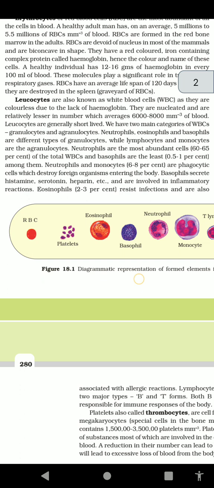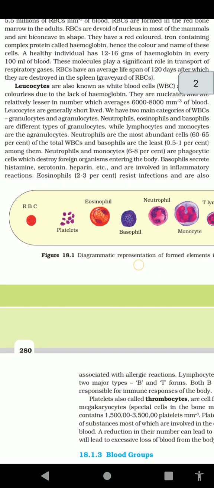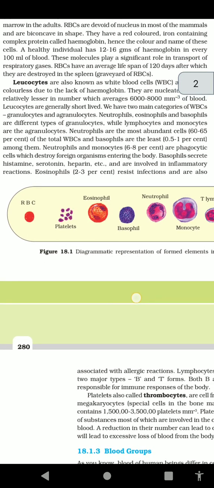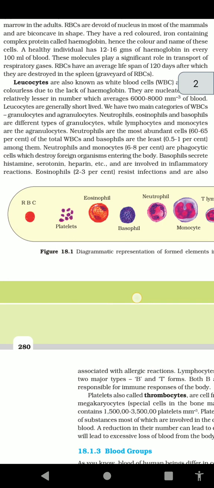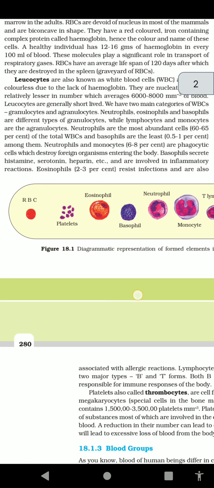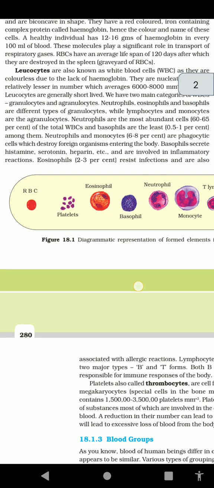RBCs are devoid of a nucleus, meaning absence of the nucleus, and are biconcave in shape. They have a red colored iron-containing complex protein called hemoglobin, hence the color and name of this cell. A healthy individual has 12 to 16 grams of hemoglobin in every 100 ml of blood.